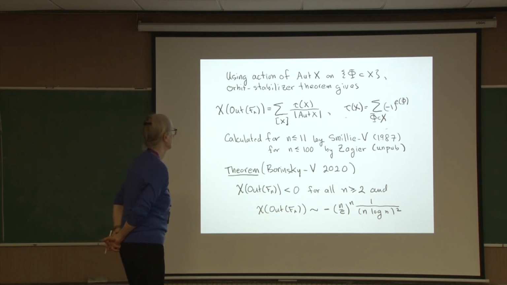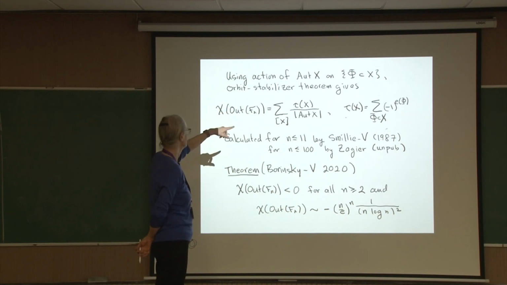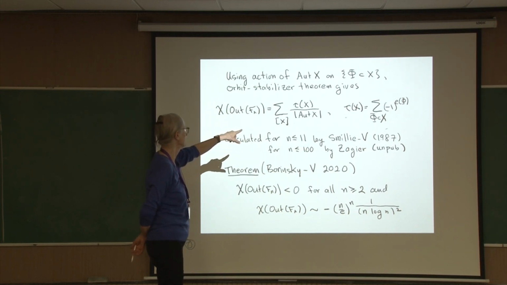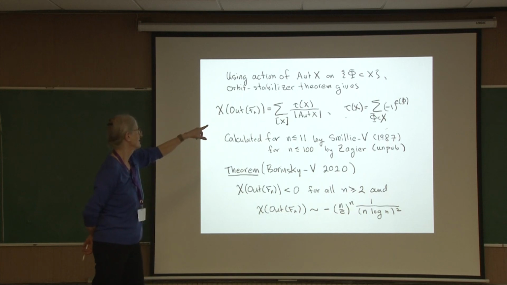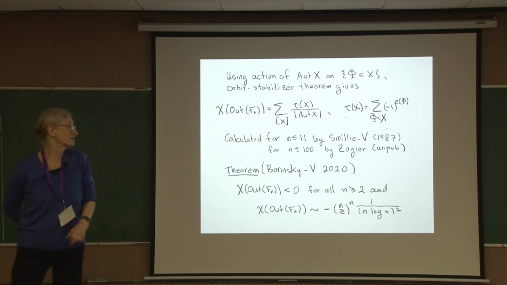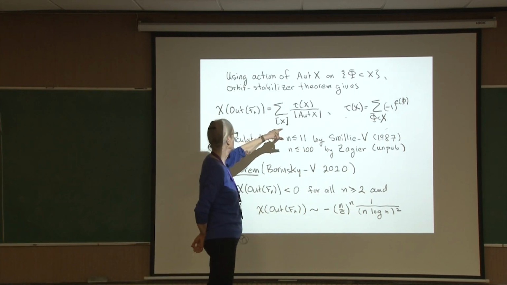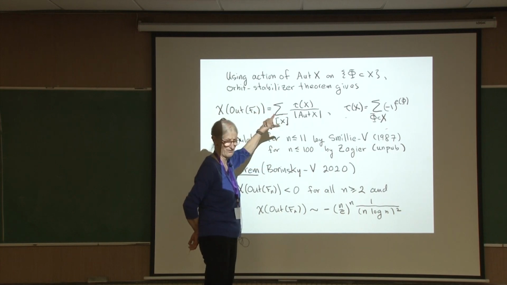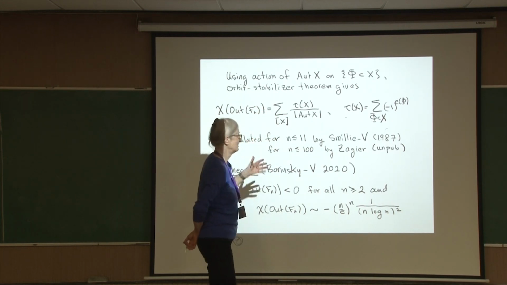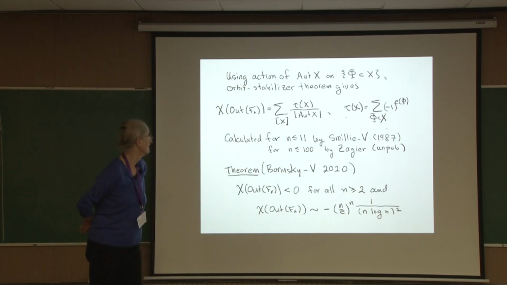And the orbit stabilizer theorem can simplify this formula to make it the sum over isomorphism classes of graphs of a number tau of x divided by the group of automorphisms of x, where tau of x is the sum over all forests in the graph of -1 to the e of phi. So this is simpler because instead of adding over isomorphism classes of pairs, I'm now adding over isomorphism classes of graphs.